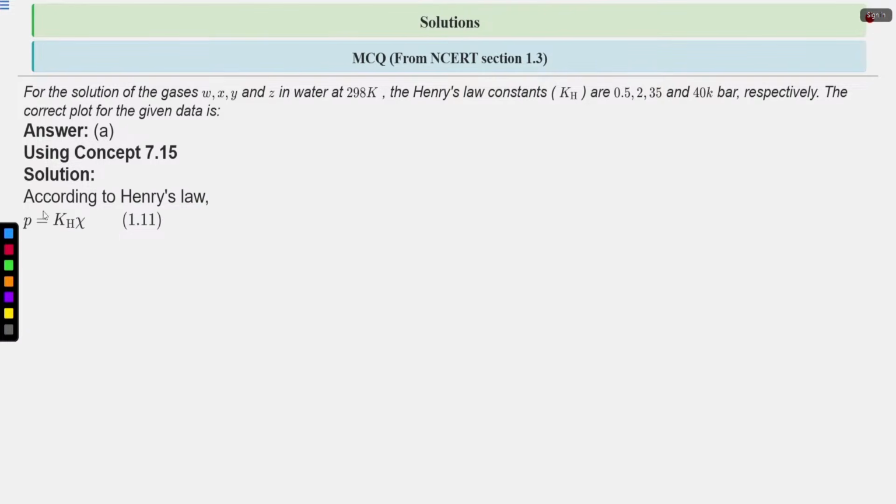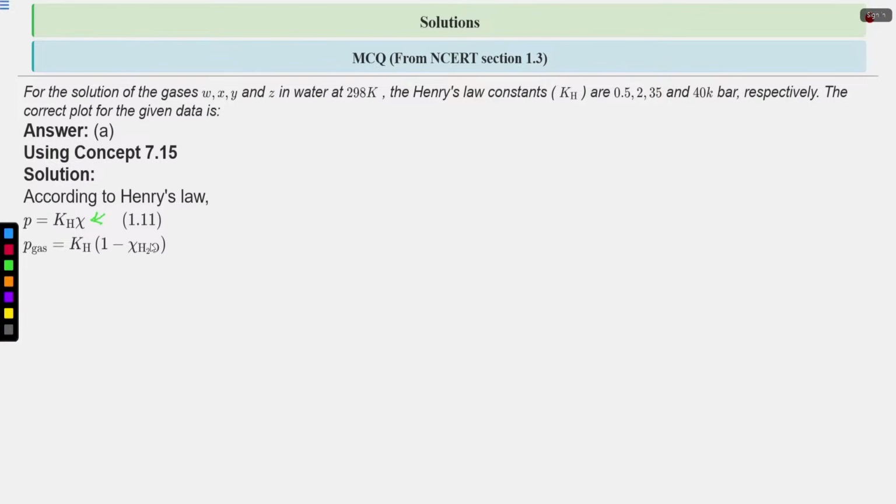the partial pressure will be equal to KH times chi, the Henry's law constant times mole fraction. This is the equation stated as 1.11 in our NCERT textbook in the solution chapter. The pressure of the gas will be equal to KH times chi, and you can also write the mole fraction as 1 minus the mole fraction of the solvent, right?